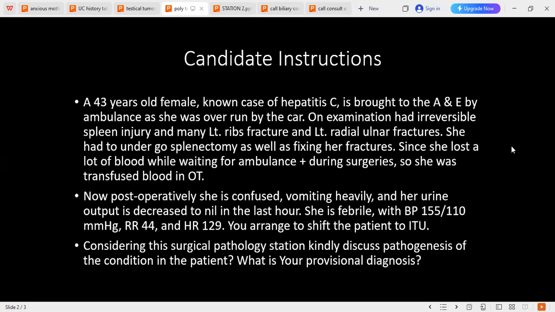This system consumes clotting factors and platelets, and it is characterized by excessive hemorrhage, thrombocytopenia, deficiency of fibrinogen, and increased levels of fibrin degradation products.